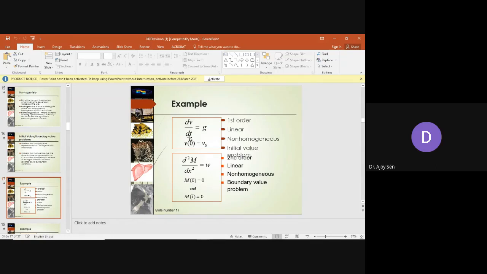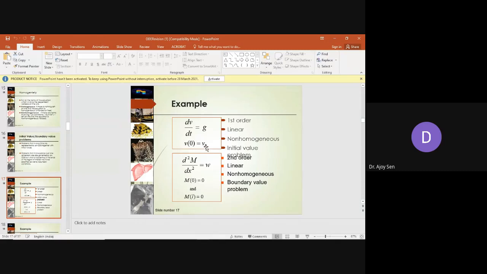Initial point means some initial value of t or x, because in these slides t is taken in place of x as the independent variable. So the value of the dependent variable v at 0, where the independent variable is 0, is v0.